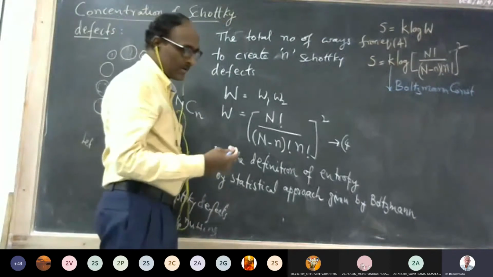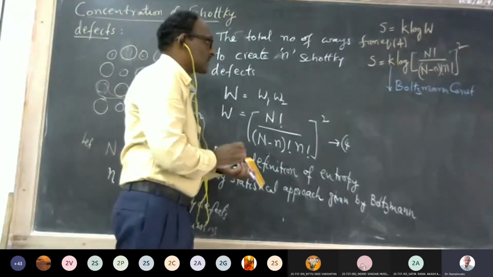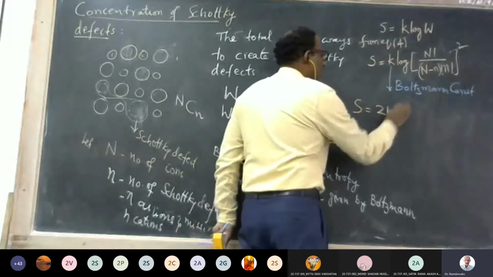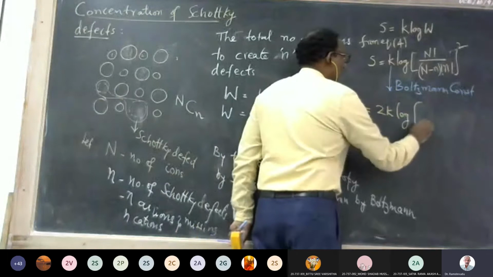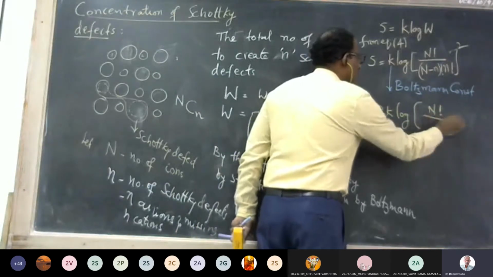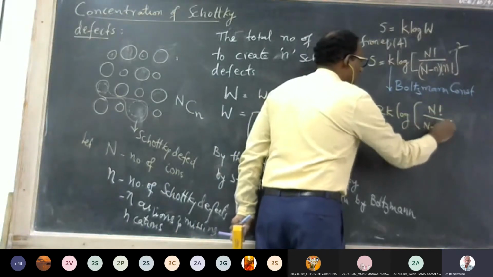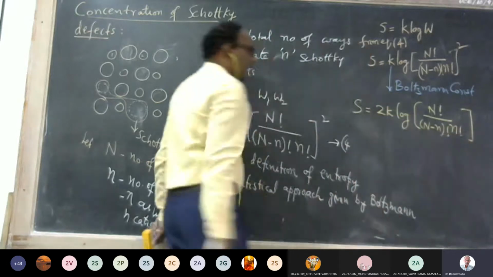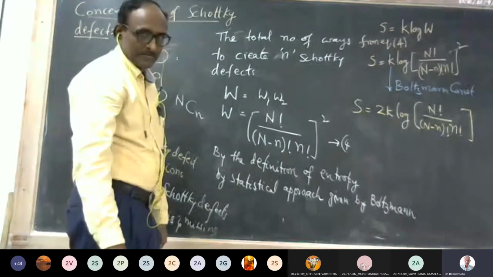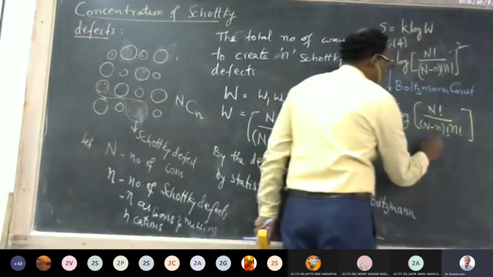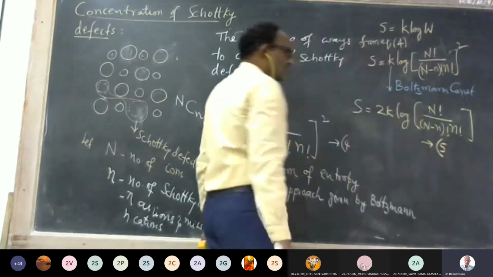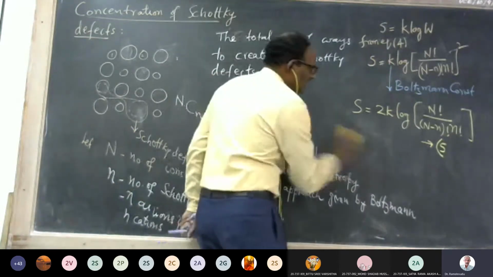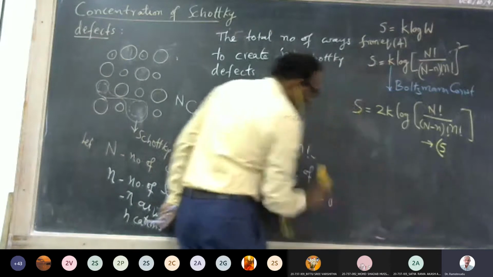Then I write the same equation: S is equal to 2k log of n factorial by (n minus n_i) factorial into n_i factorial. Name this equation number 5.